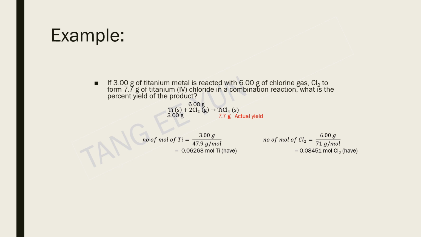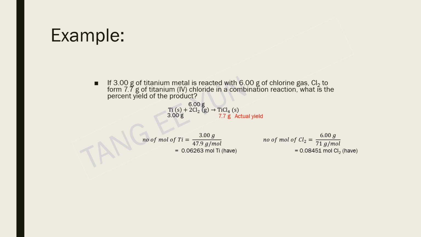So we calculate the number of moles that we have for both reagents, titanium metal and also chlorine gas. And in the second step, we need to find the number of moles needed based on the balanced stoichiometric chemical equation.